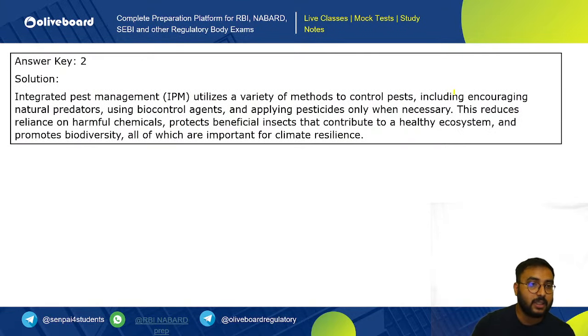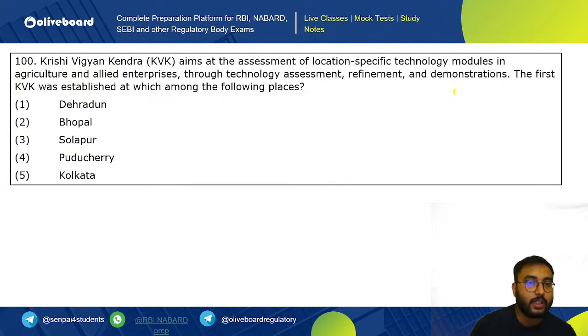Then next is, Krishi Vigyan Kendra was established at which of the following places? And the answer to this is Pondicherry in 1970. Tell me the date, I will not tell this. You tell me. When was Krishi Vigyan Kendra established in Pondicherry for the first ever time? 1972, 1973, 1974 or 1975?